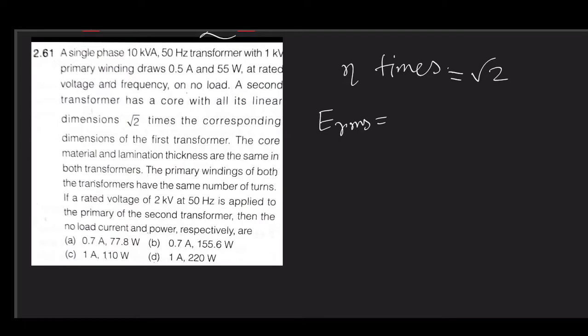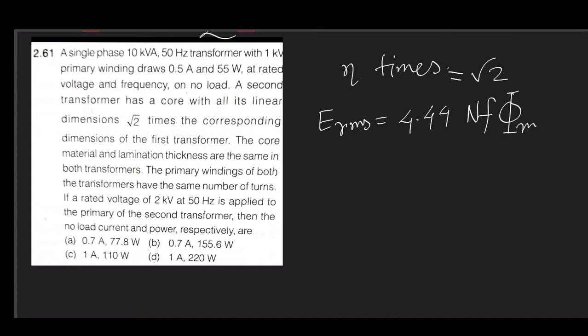It is that famous formula, 4.44 N F phi m. So this is the formula.